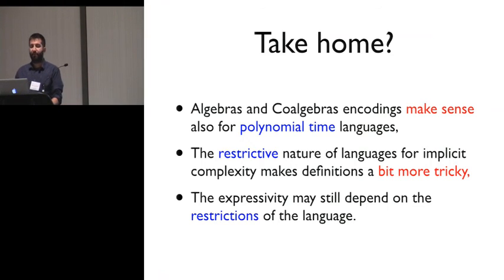And the third observation is that, like we saw for the case of the right distributivity, the underlying language still plays a relevant role for expressivity, besides the fact that we have a notion of algebra and coalgebra. And this is, I think, something interesting to notice. And with this, I'm done, and I thank you for your attention.